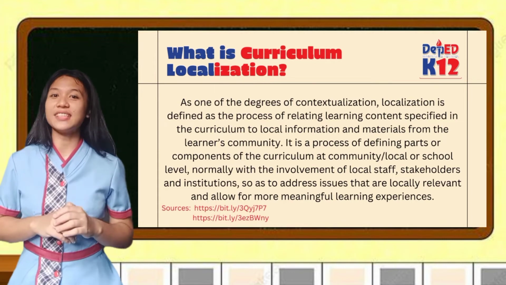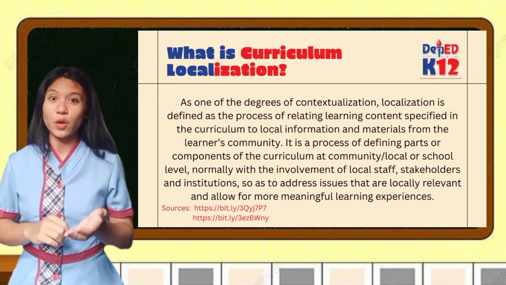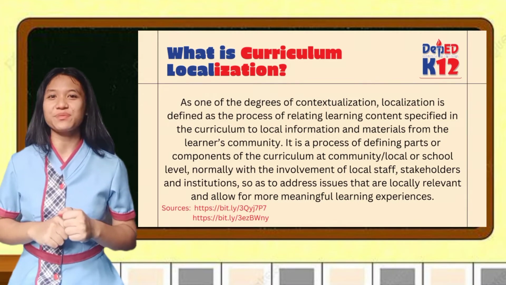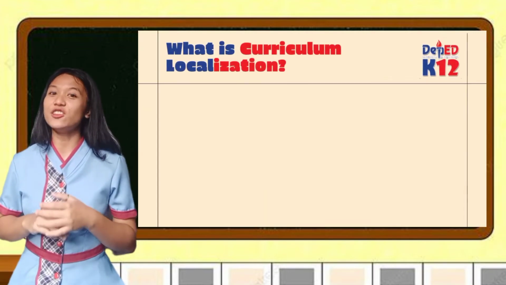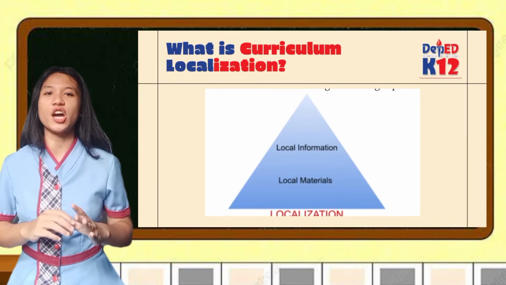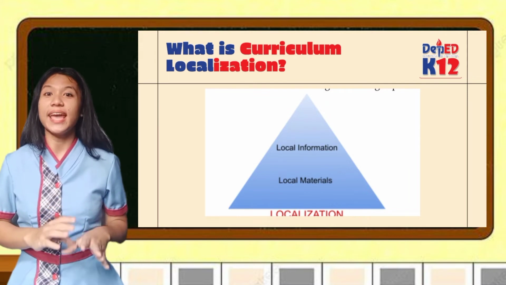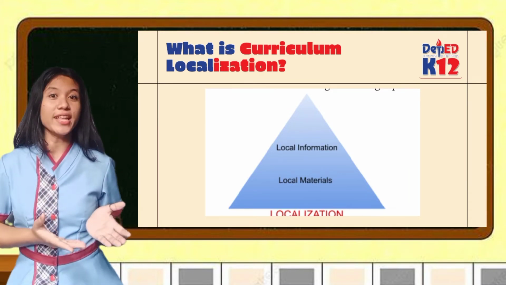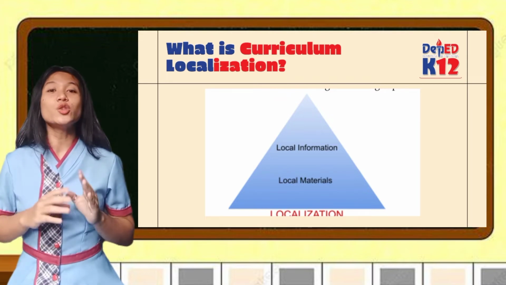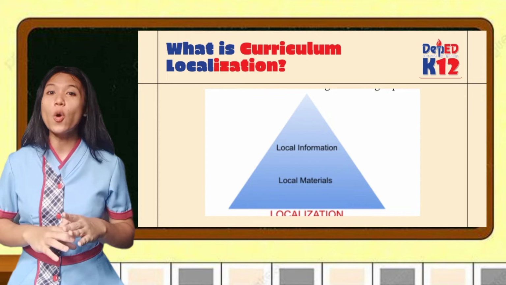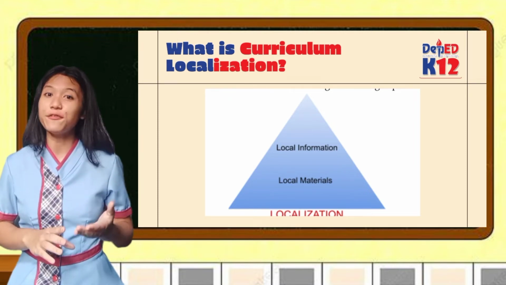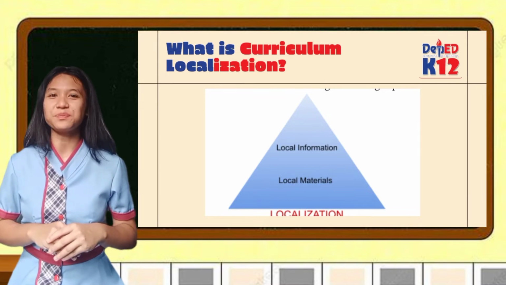So here are the things that you should take note of, so you will not forget curriculum localization. We have here the illustration. This is how localization of the curriculum works. It uses local information and local materials in the teaching and learning process to address the issues that are locally relevant, and it allows more meaningful learning experiences.